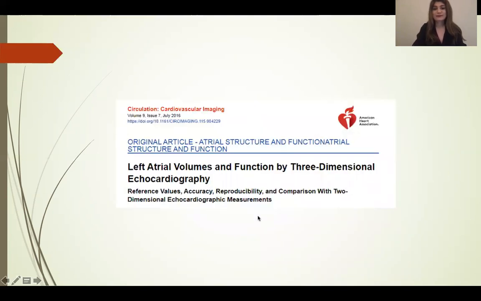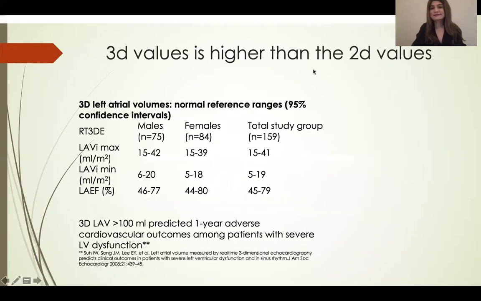According to the American Heart Association, 3D left atrium volumes are greater than the 2D volumes, and there are differences between males and females. Females have a smaller size. A 3D left atrial volume greater than 100 is a strong predictor of one-year adverse outcomes among patients with heart failure.